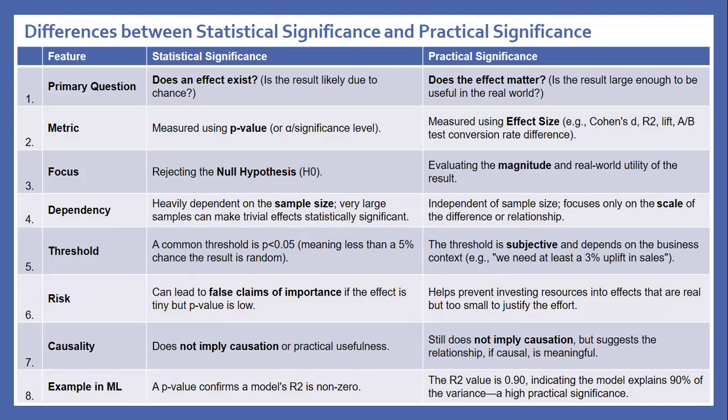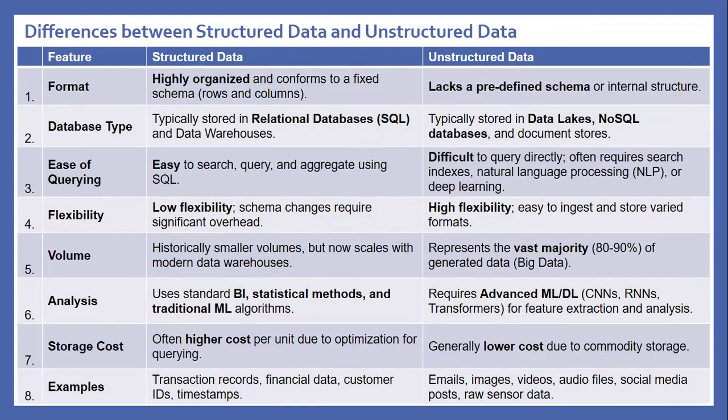Moving to the next question: difference between structured data and unstructured data. Format: structured data is highly organized and conforms to a fixed schema, rows and columns. Unstructured data lacks a predefined schema or internal structure. Data type: structured data is typically stored in relational databases, SQL and data warehouses.